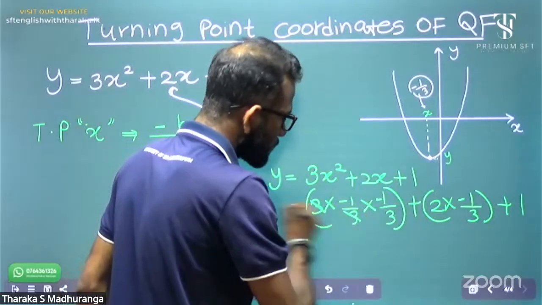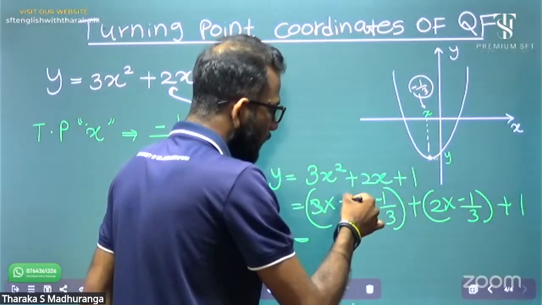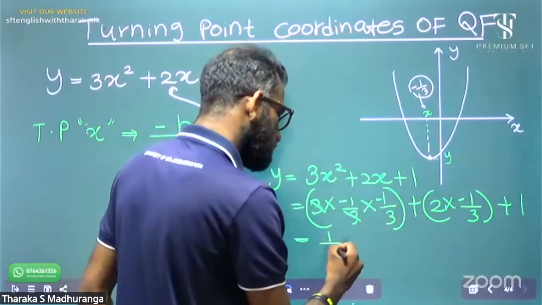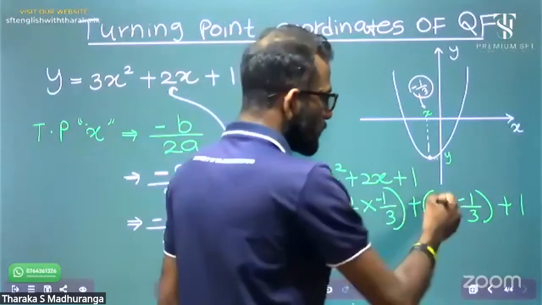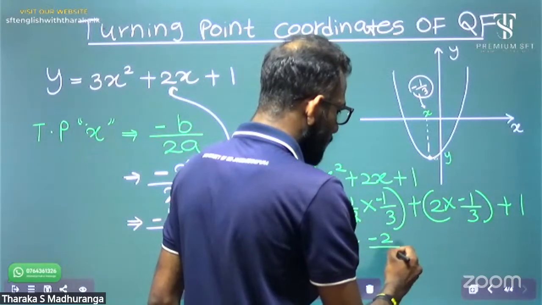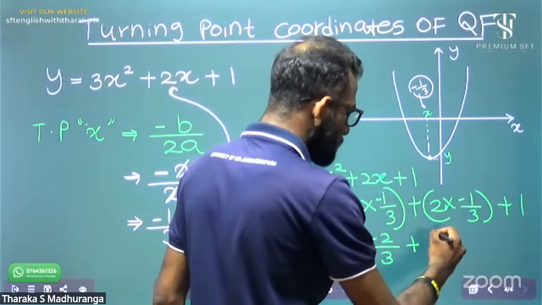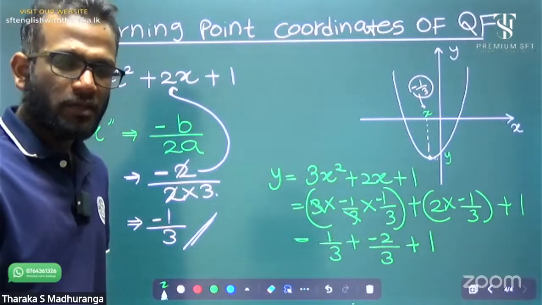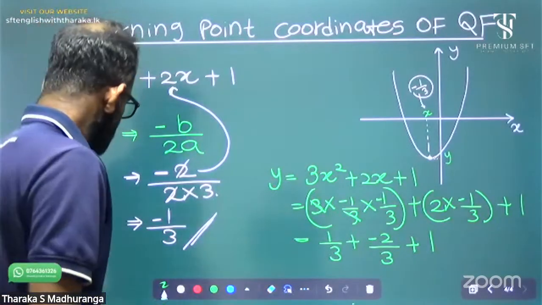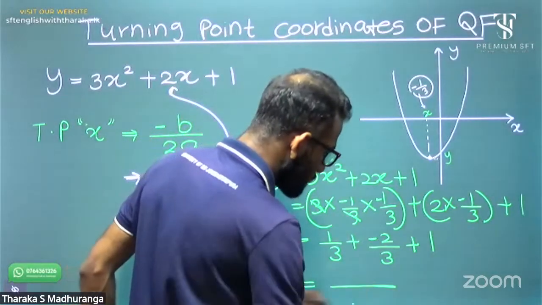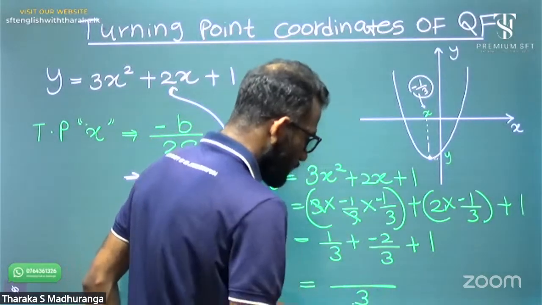Then 3 and 3 cancel out. Minus 1 into minus 1 is plus 1. Plus 1 over 3, plus 2 into minus 1 is minus 2. Minus 2 over 3, plus 1. Okay, how to get the final value? You can take the common denominator 3.